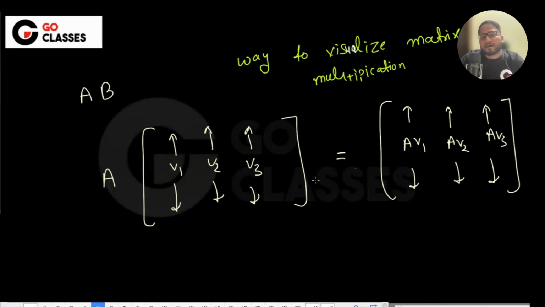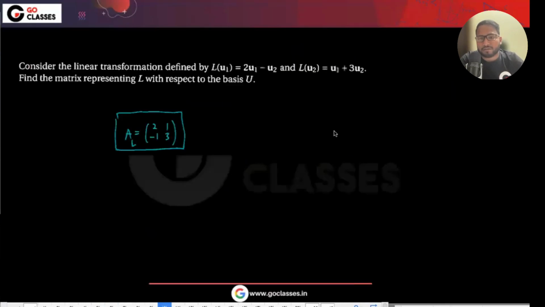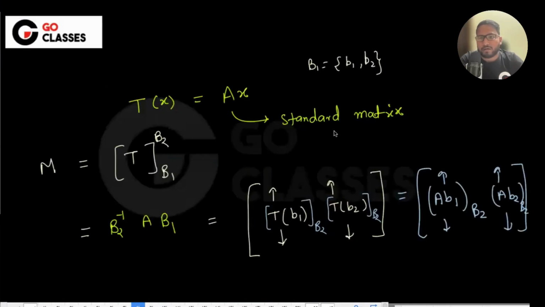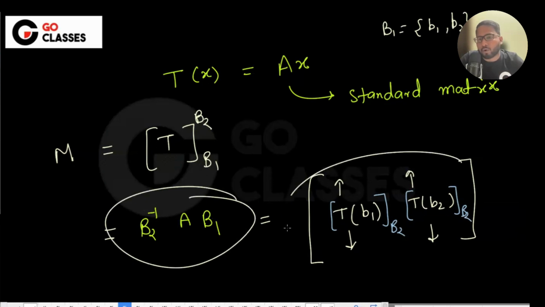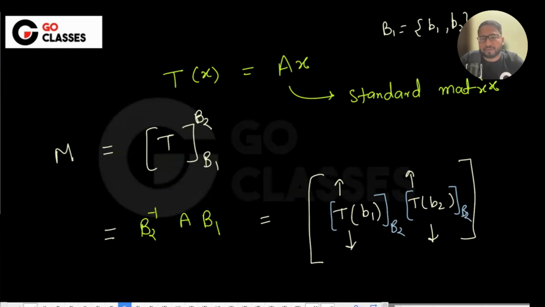So now, if you agree with this, then we can talk about this thing that I was just talking about here. So till now it is fine that this thing and this thing both are the same. Either you calculate like this or you calculate like this. Is this fine?